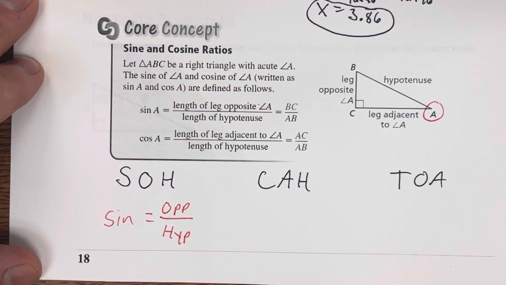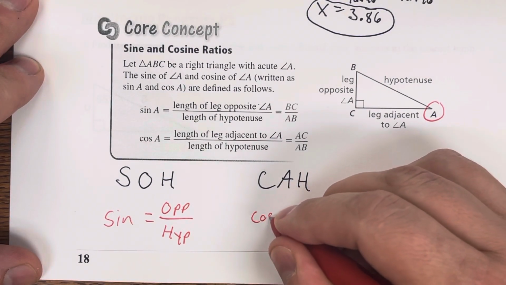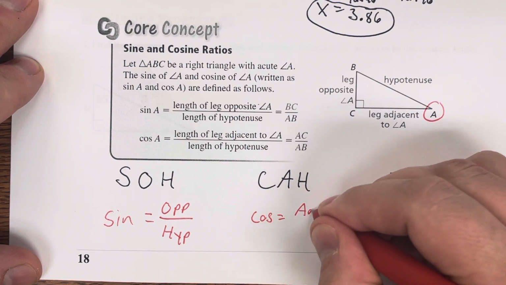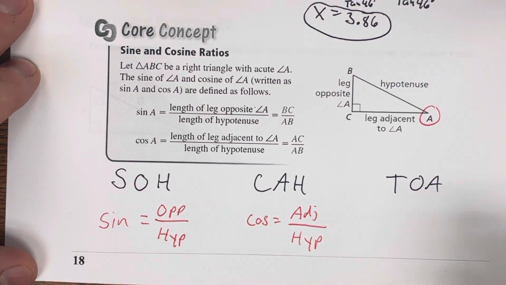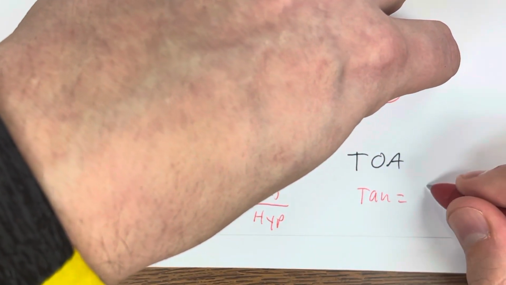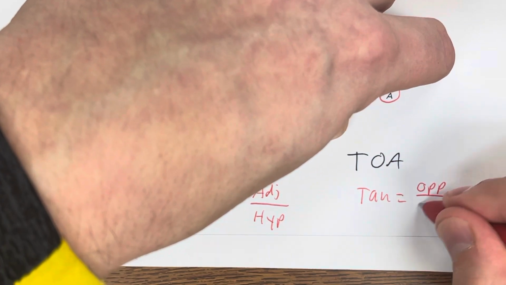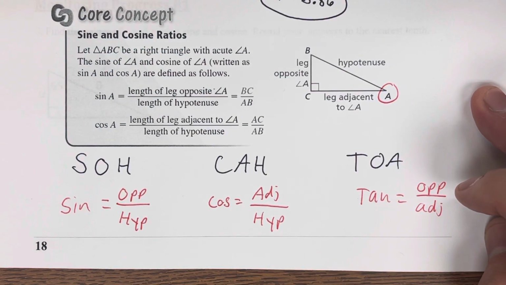Sine, opposite over hypotenuse. In a similar manner, C is cosine equals adjacent over hypotenuse, and tangent equals opposite over adjacent. And that is the mnemonic device that we can use to remember these.